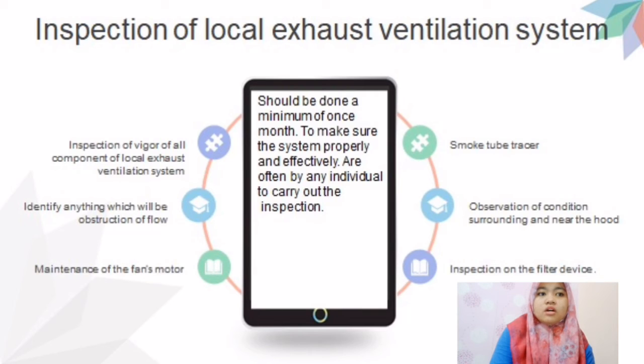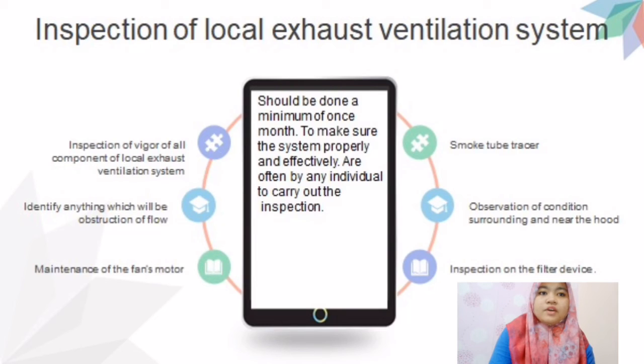The inspection is often done by any individual who has been taught the procedure. The inspection of local exhaust ventilation consists of, first, inspection of the condition of all components of the local exhaust ventilation system.